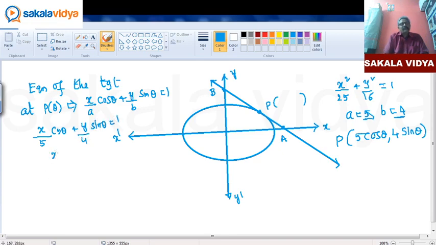This can be written as x by 5 sec theta plus y by 4 cosec theta equals 1.